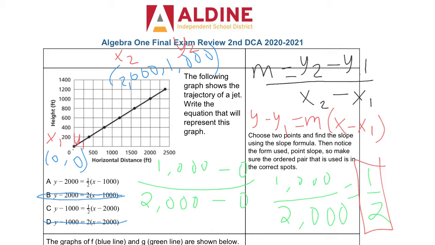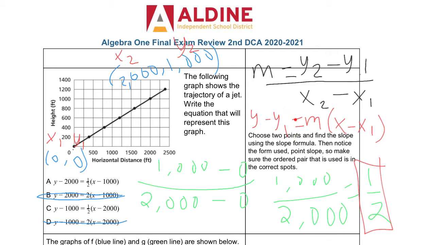Now we have to figure out if they put the ordered pair incorrectly, because the y1 is on the left side, and then the x1 is on the right side. So what is the y value here? 1000, right?